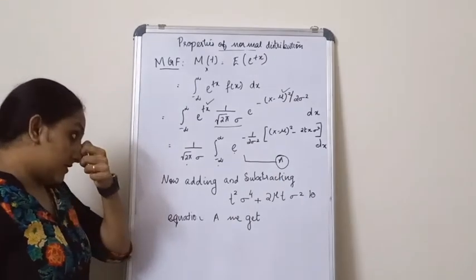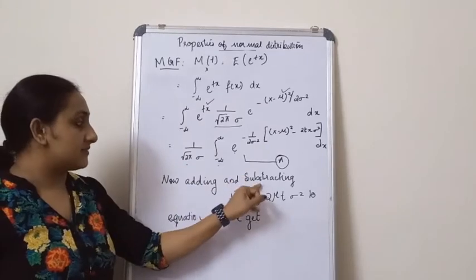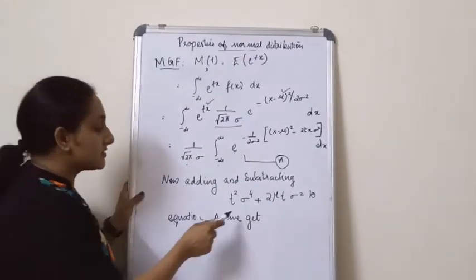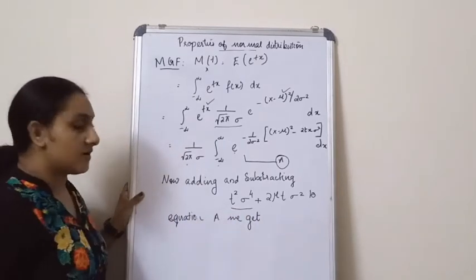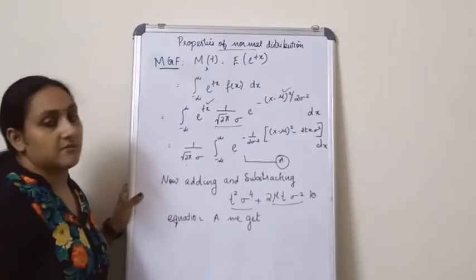Now to this, what we are going to do is add and subtract two terms. The first term is t square sigma raised to 4, and the other term is 2 mu t sigma square.